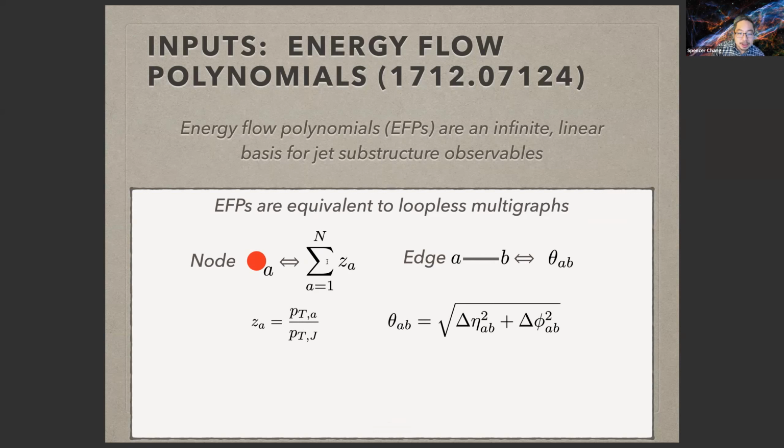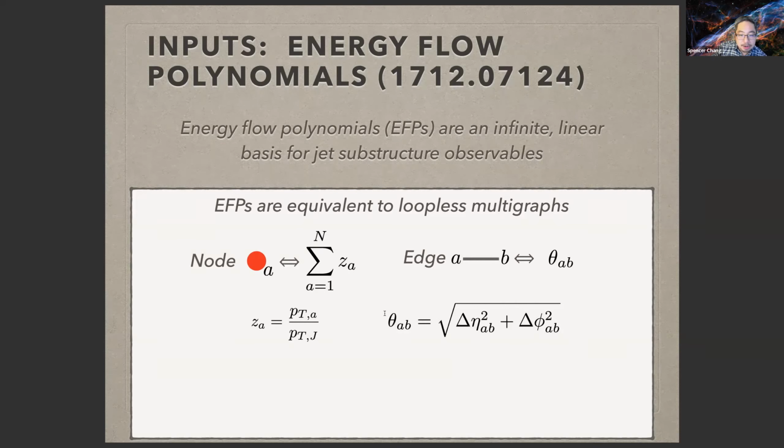For each node, you're doing a sum over the momentum fraction of each of these constituents. If there was nothing else, this would just sum to 1 because it's a fraction. But we'll add these angles. The angle is the boost-invariant difference, the square of the rapidity difference and the azimuth angle, the natural way to define angular differences in a hadron collider jet.